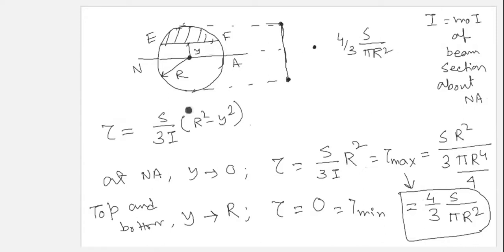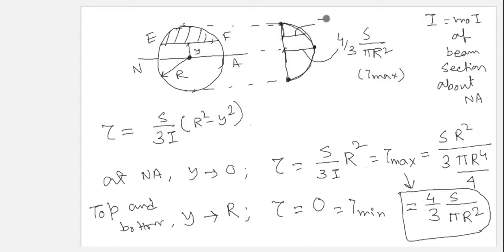And this will be a parabolic curve because it has a quadratic expression. So this is the shear stress distribution for a circular cross section or circular shaped beam section.